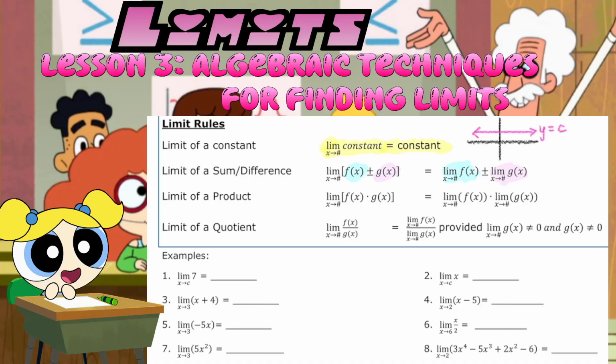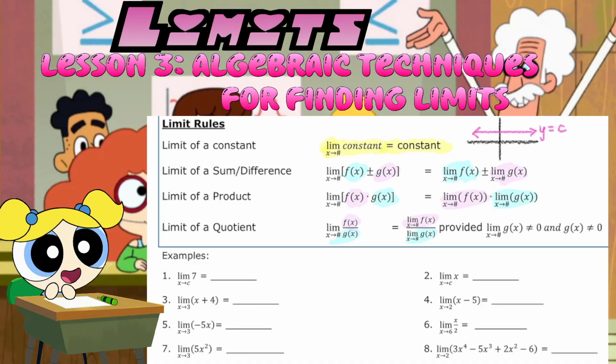Similar to that in the quotient or the product, if I'm finding the limit and f of x is a component there, I'll find the limit of f of x, put that on the side. Then I will find the limit of g of x, put that on the side. And then I will either multiply or divide my results based on whatever the original question is.